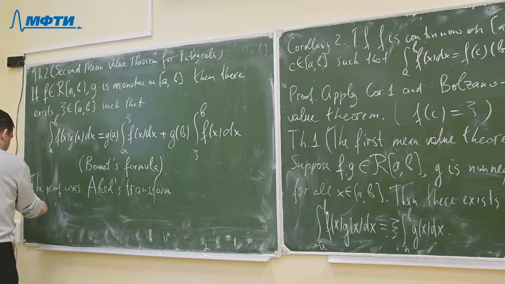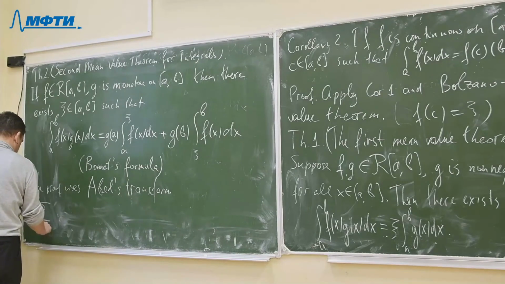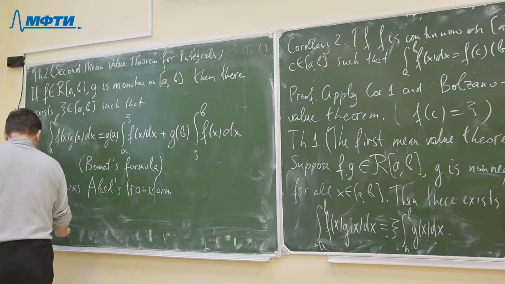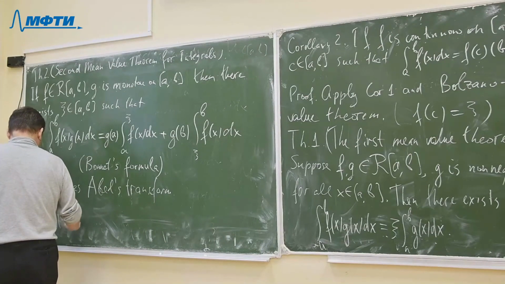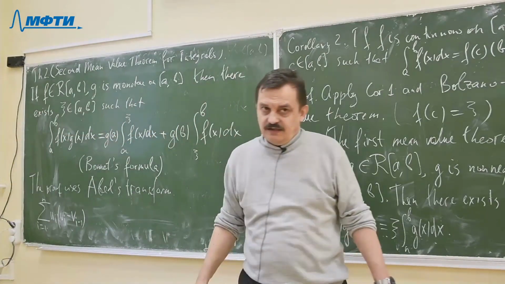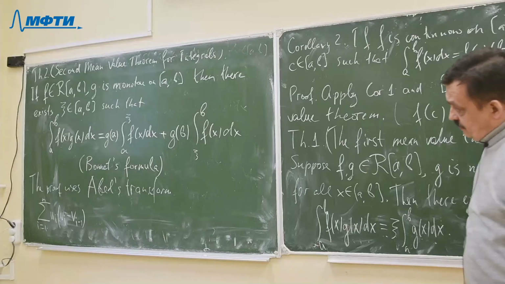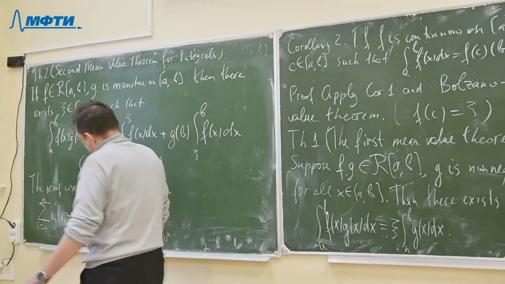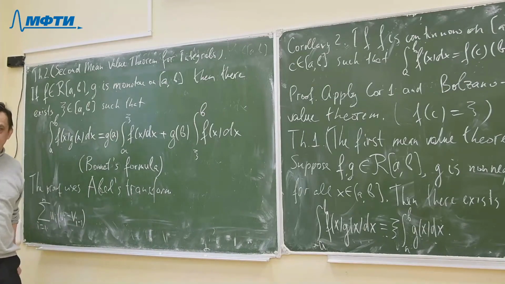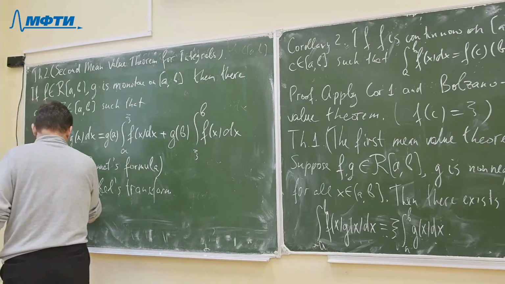Abel's transform. That is when you summarize such numbers. Look, you sum products u_i times the differences v_i minus v_{i-1}.